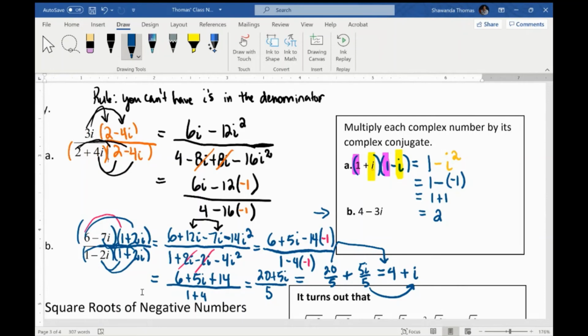All right. So I'm going to erase this. Hopefully you got A. I want you to multiply 4 minus 3i times 4 plus 3i. And when you're done, direct message me the answer.